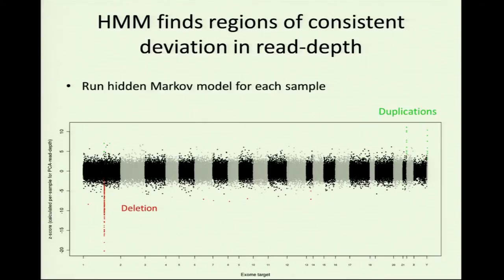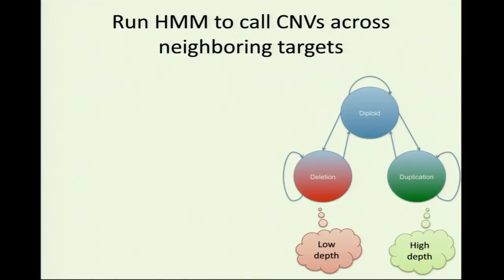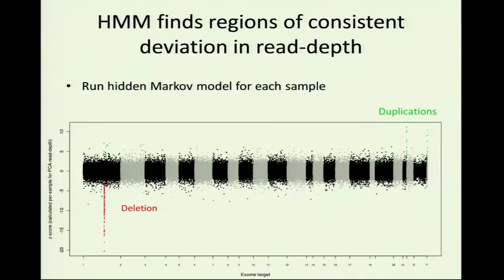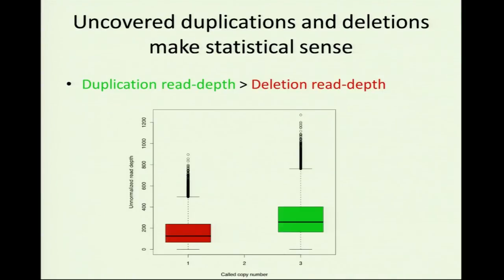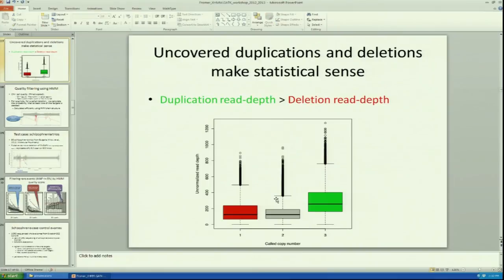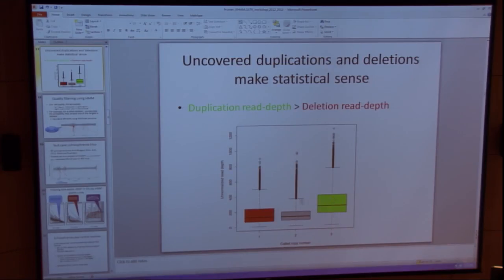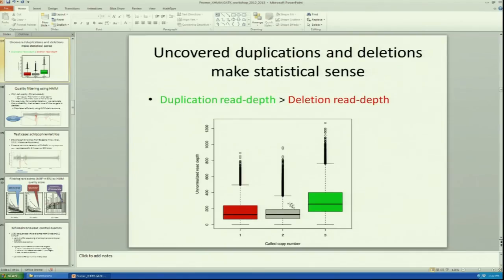If you have 10 exons in a row that all have very low read depth or very high read depth, then you're more likely to call a deletion or a duplication. I didn't show this in the plot, just for simplicity. The green were duplications, the red were the deletions, and the gray are places that are called as copy number 2, or diploid.